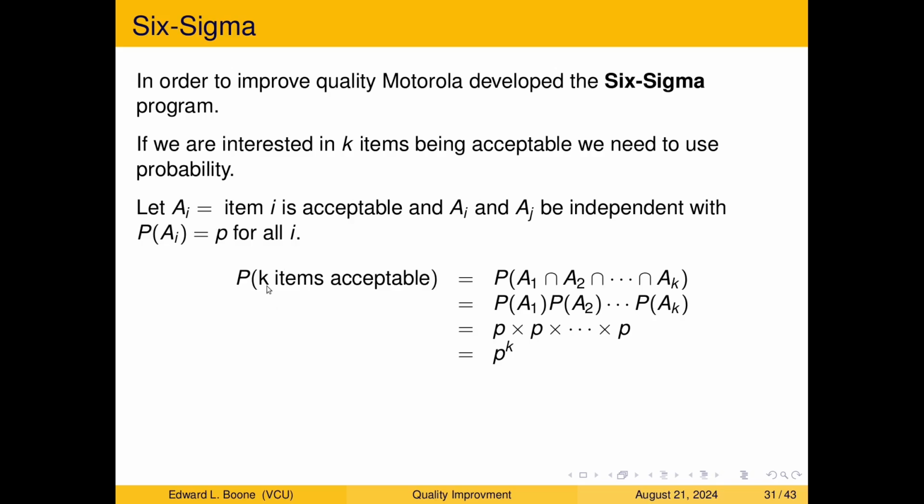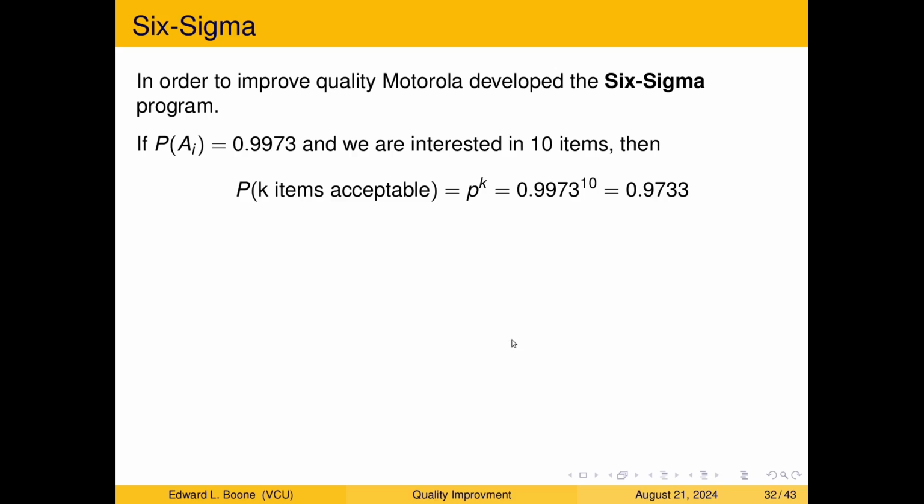So the probability that all items are acceptable is the intersection that every single one of them is acceptable. And if they're independent, then we can multiply these probabilities together, which means we end up with the probability for one item to be acceptable raised to the k power for the number of items.